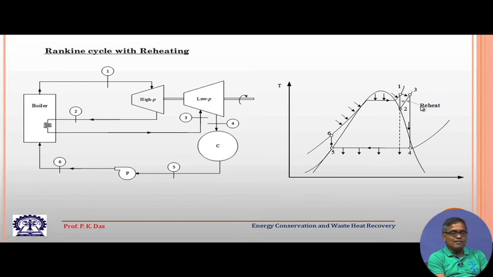So, you may ask this question, how many reheats should we have? If we have more and more reheats, that is possible, but what happens in that case? First thing is that ultimately the exit point will come out of this two phase dome. So, it will be in the superheated region of the vapor.